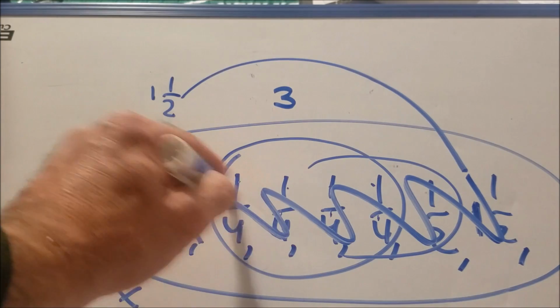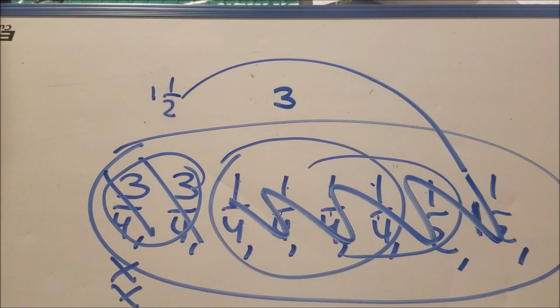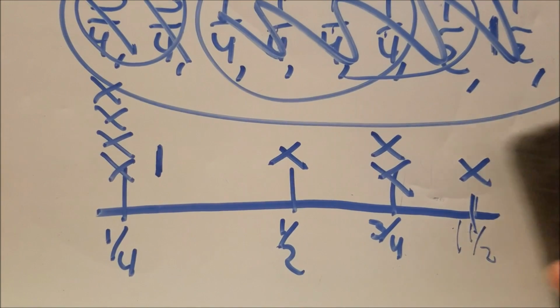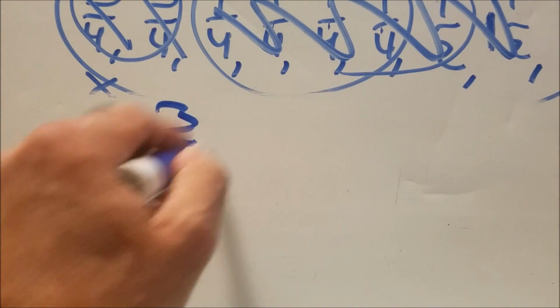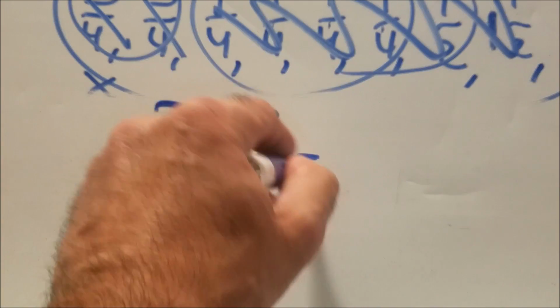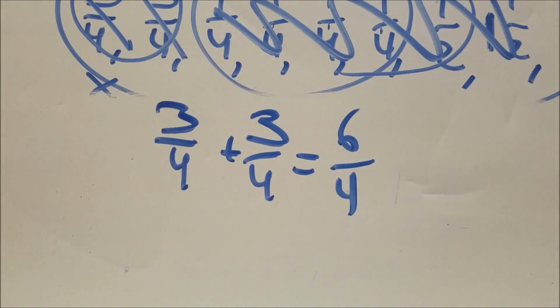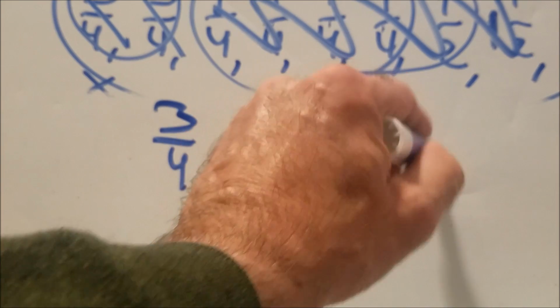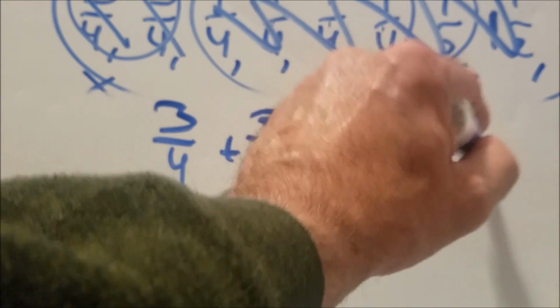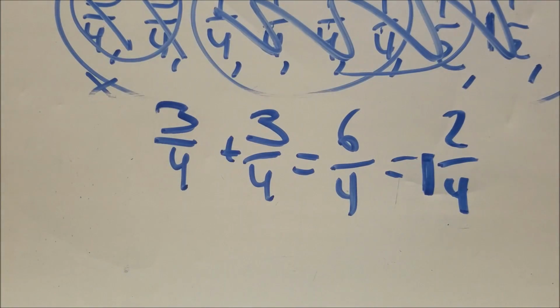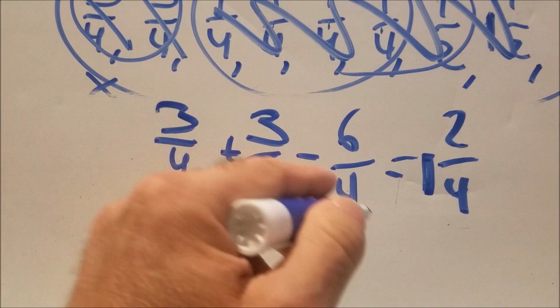The only thing left now is to find what 3/4 plus 3/4 is. Okay, so let's do that down here. 3/4 plus 3/4 is 6/4, which is 1 2/4. What's 1 2/4? It's 1 1/2, right?